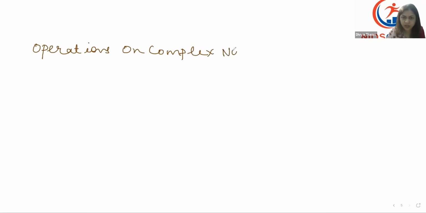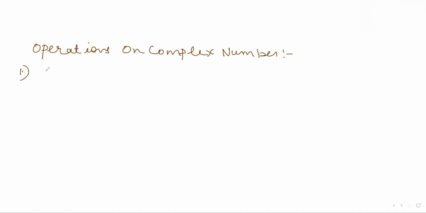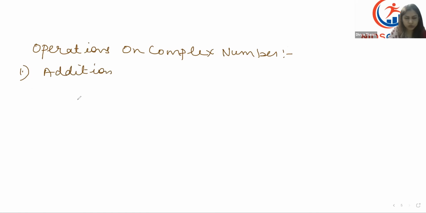That we will be seeing here. So the first operation is addition. How am I going to do the addition? You only have to keep in mind that the real part will be added to or subtracted from the real part only, and the imaginary part we will be solving with the imaginary part. So I will take a question on this.